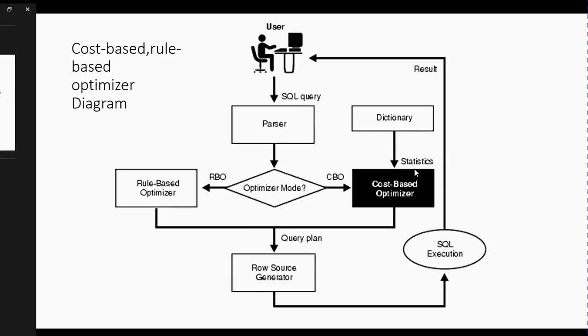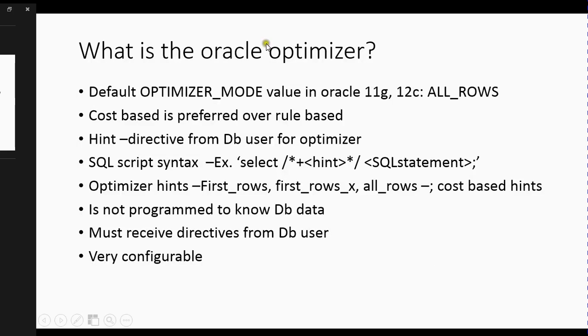In terms of the value for the optimizer, by default in Oracle 11g and 12c, it's actually just all rows, and you have to use the commands that I showed you earlier to switch this value to first rows.